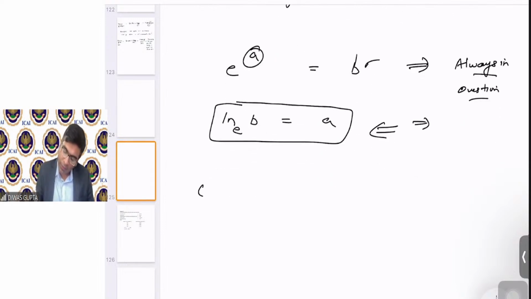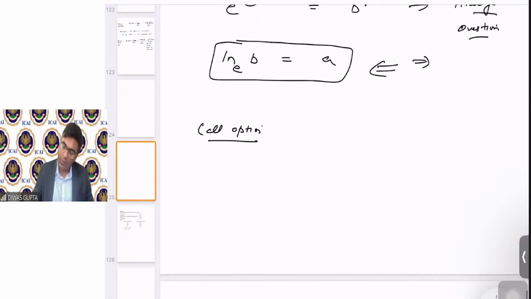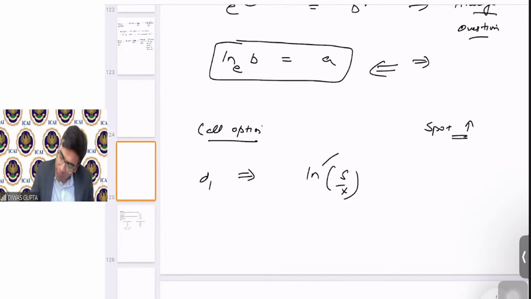Now students, call option. We were discussing call option. So D1 was actually what? It included natural log of S by X. So what if my spot price increases? If my spot price increases, this natural log of S by X will also increase. This will actually increase D1, correct?